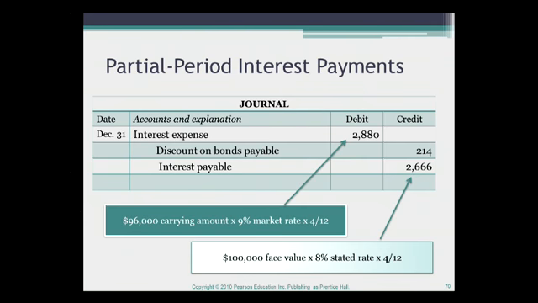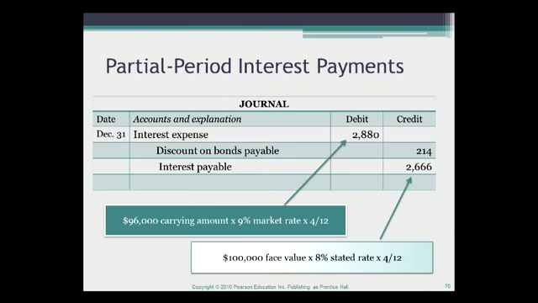Just like in the prior example, where on December 31st we recorded interest payable, we didn't have to do partial year interest because the interest payment date was January 1st. So it was for the full amount of the interest.